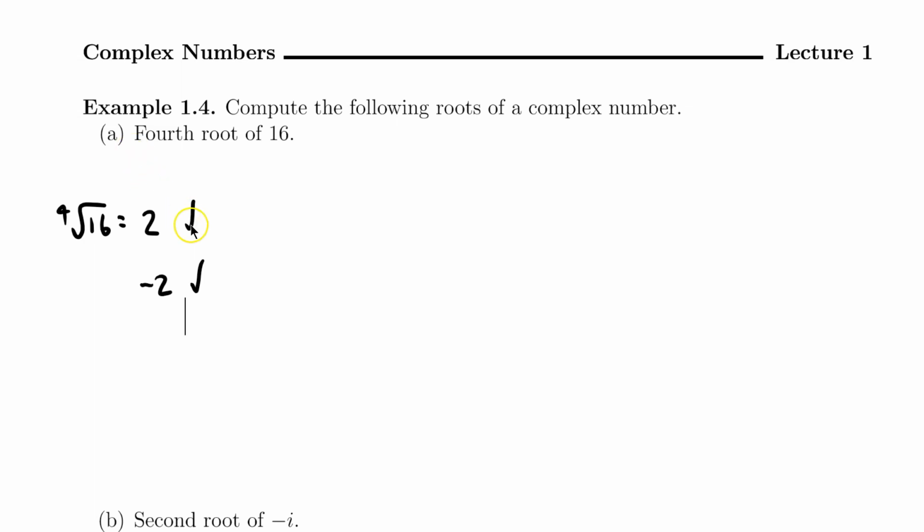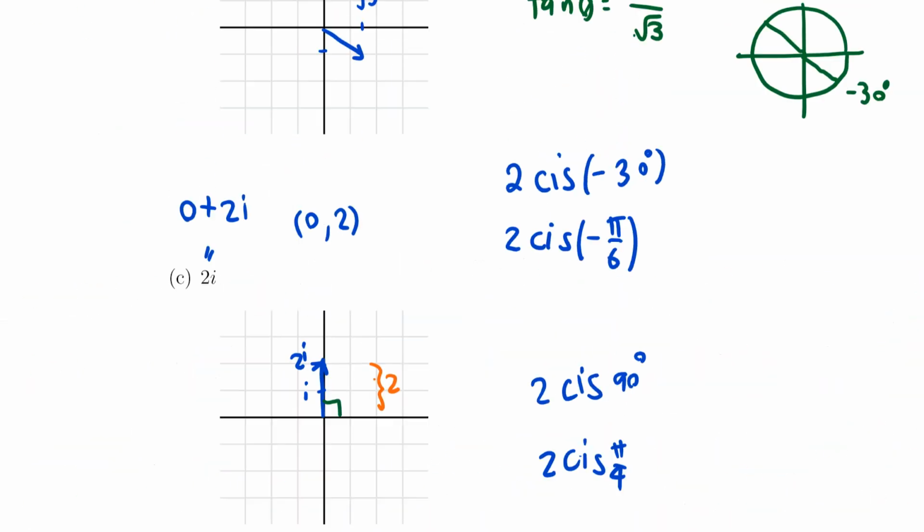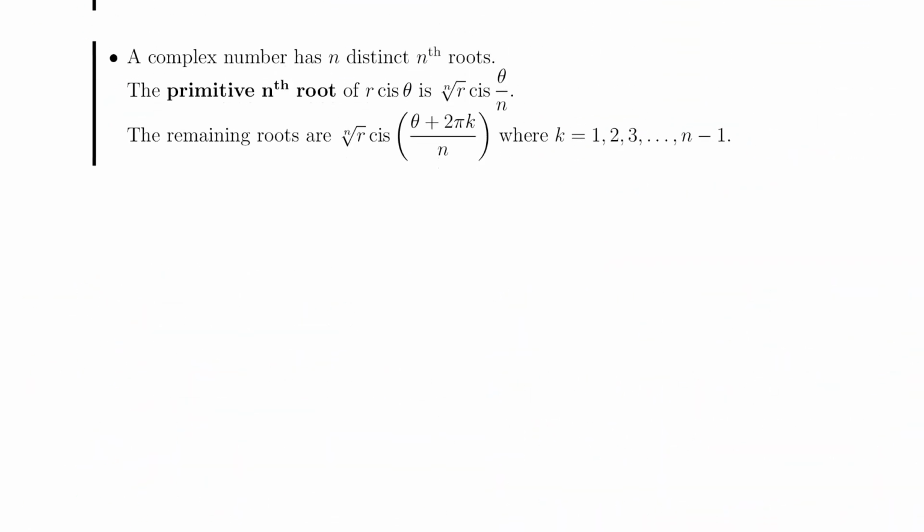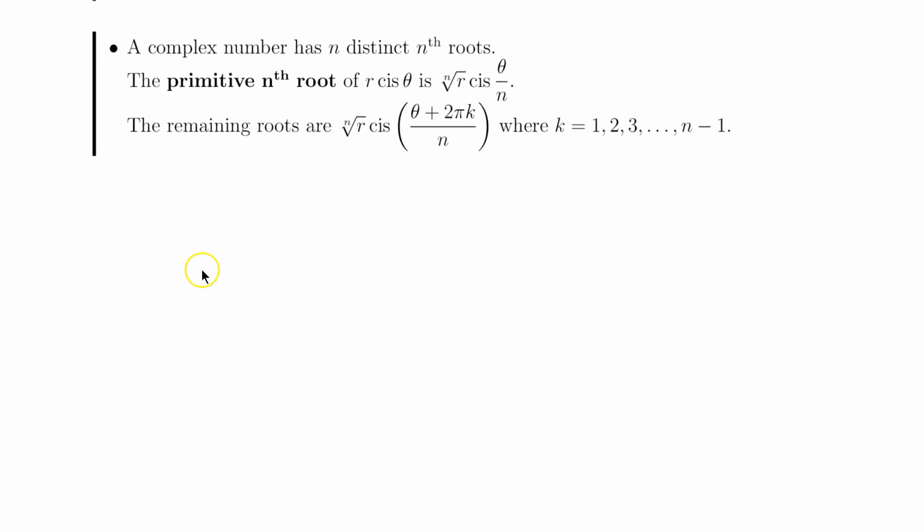However, these two guys are the fourth roots of 16 when we talk about 16 as a real number. If we think of 16 as a complex number, some complication will happen. Let me actually go back up a little bit to the theory here. Now, one nice thing about complex numbers is that when we talk about a complex number, it will always have n distinct nth roots.